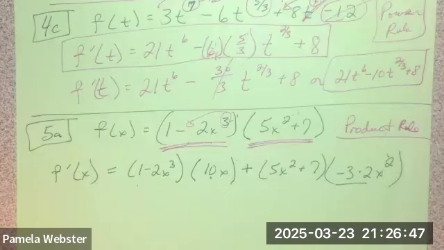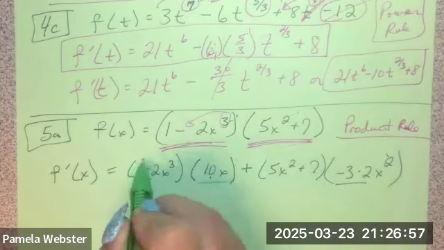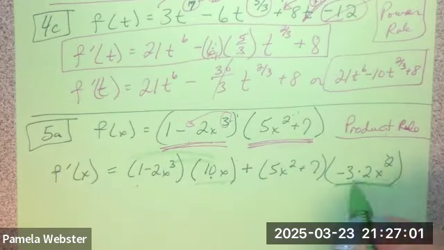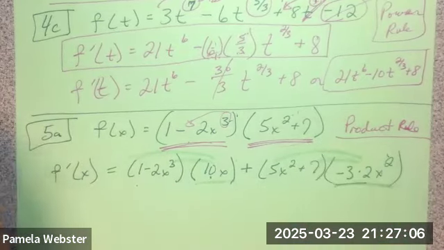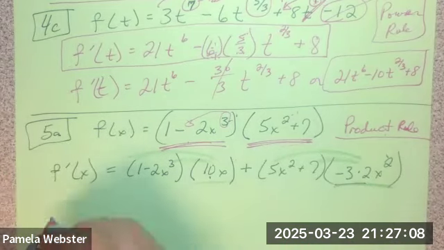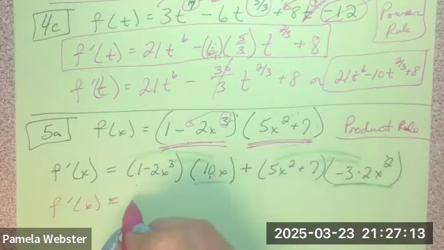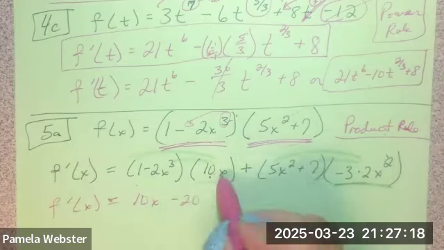All right, I see right here that I've got on this front guy here, the 1 minus 2x to the third, this is being distributed through. I'm going to multiply it through. And in the back, I've got this guy being distributed through, multiplied through. So I need to finish that out. F prime of x equals 10x times 1 is 10x. 10x times -2x to the third is -20, x times x to the third is x to the fourth.